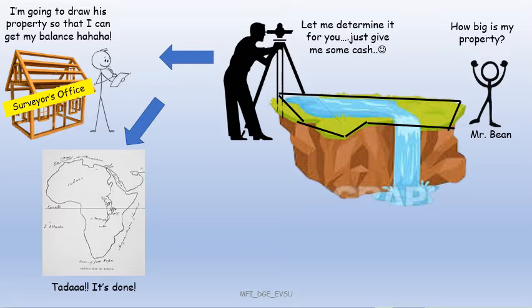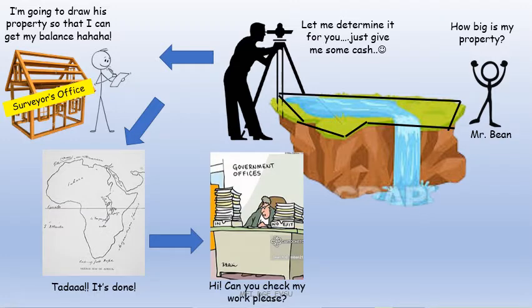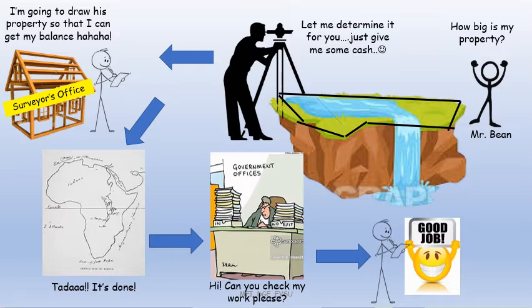So, para ma-sure kung tama ba yung ginawang measurement, ibibigay niya yung kanyang mapa kay concerned government agency. Ito yung example, si DNR. So, dun siya ipapacheck, ipapa-verify niya yung nagawa niyang mapa, and then, kung okay na, sabi ni government office, okay na, approve na yung mapa mo.